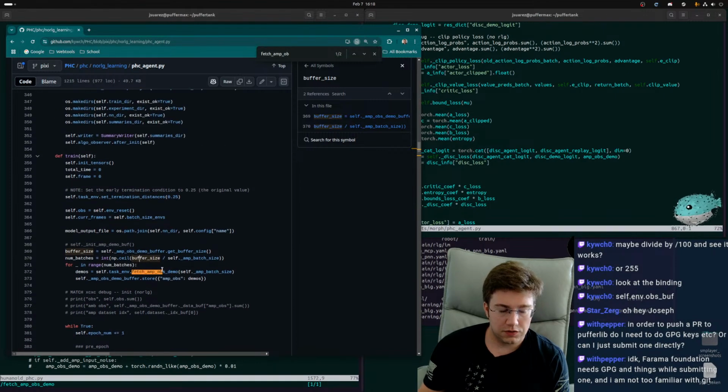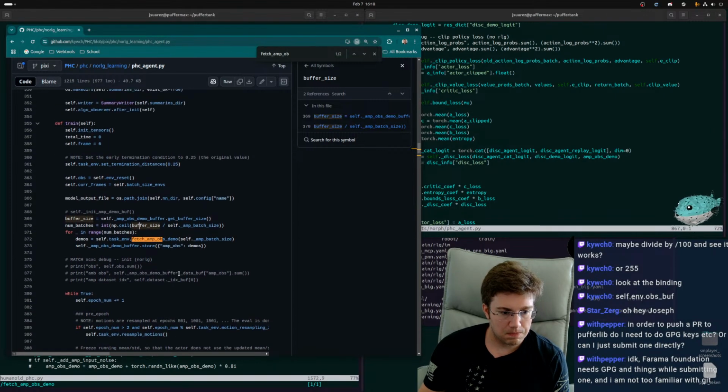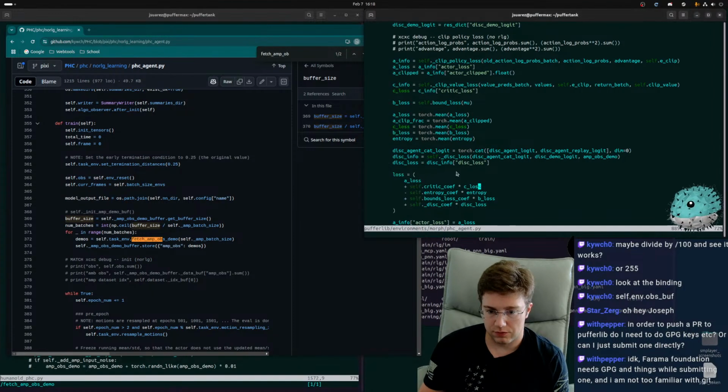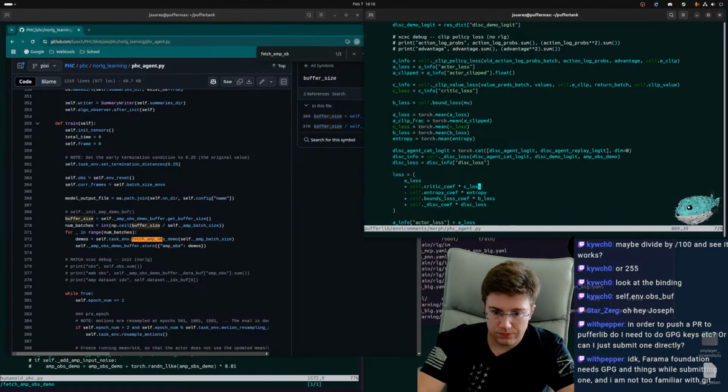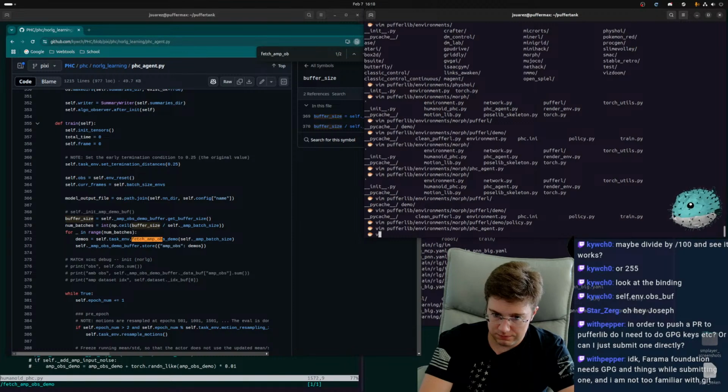Does this make any sense? AMP batch size. This looks really wrong, but I'm not positive. Hang on. How do they do this in?